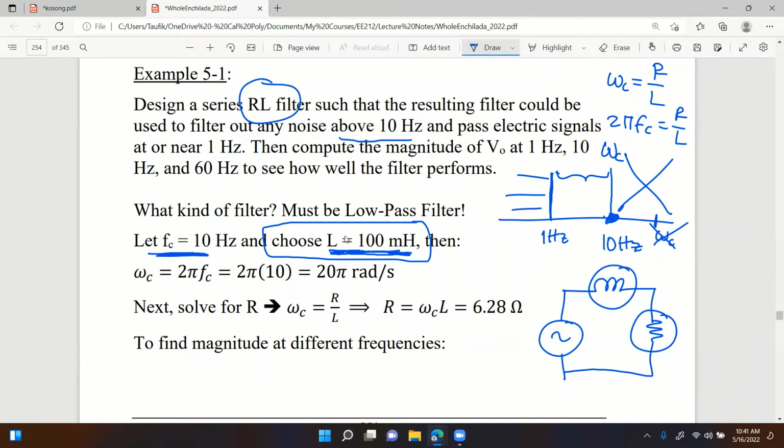You can pick any value of L, but keep in mind, in practice, you have to pick one that is commercially available. Here, 100 millihenries is commercially available. But why I pick 100, not 200, not microhenries, that's also another practical question.